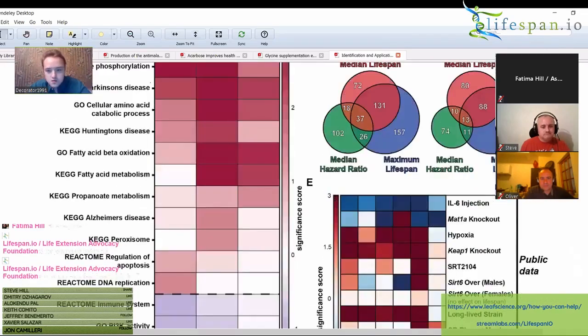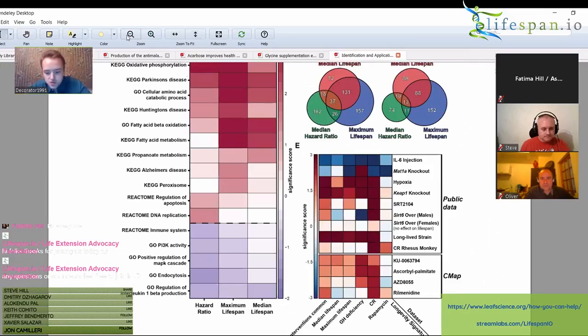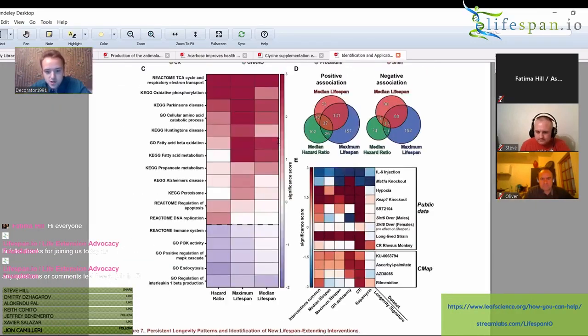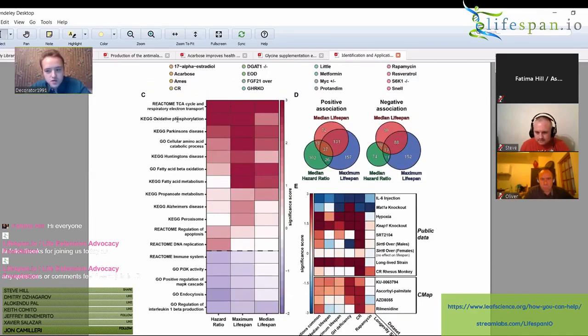Now panel C shows functional enrichment for these signatures associated with the effect on lifespan. This is a similar analysis to what we had for qualitative signatures, and we repeated it for quantitative ones. Some of the functions, again, turned out to be both qualitative and quantitative predictors of lifespan extension. For example, oxidative phosphorylation is again upregulated, and it's associated with all metrics of lifespan extension you can imagine.